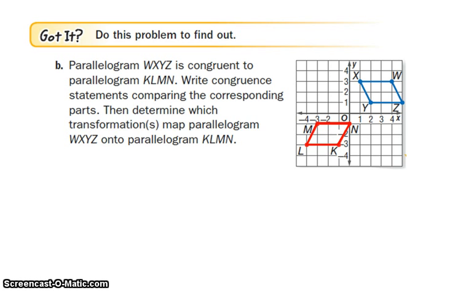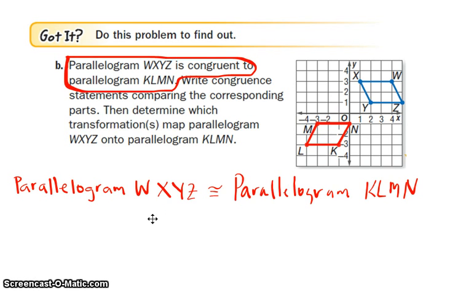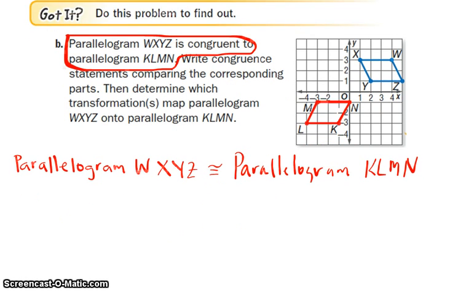So go ahead and pause the video and try to do this problem. Okay, since they didn't give you any markings on your figures, you have to use this congruence statement right here. I'm going to write that congruence statement out. And now that we have this written out, we can compare congruent sides and congruent angles.